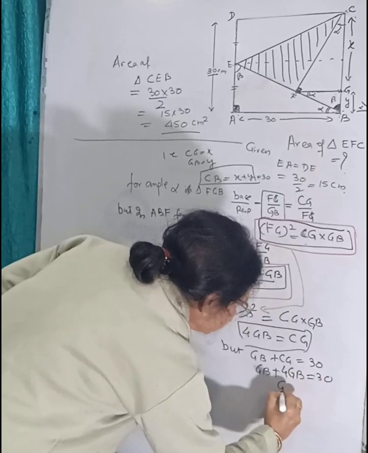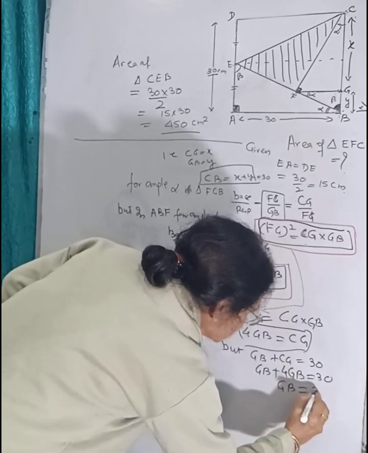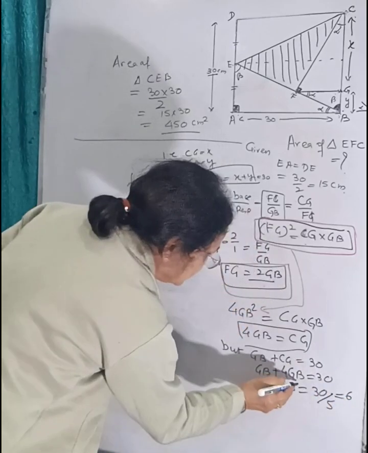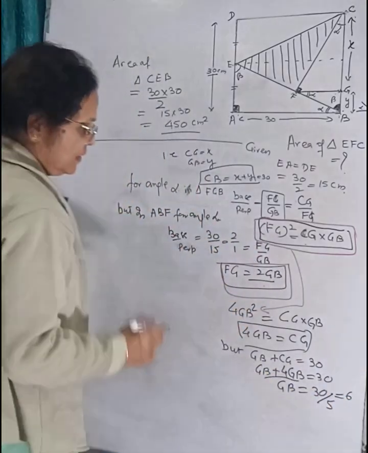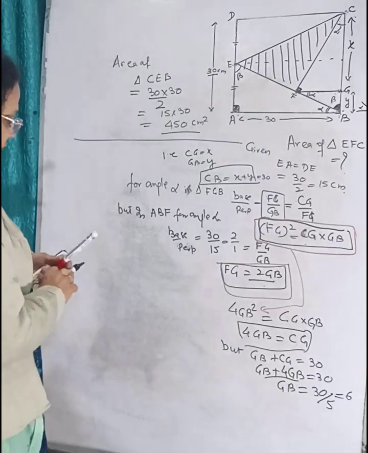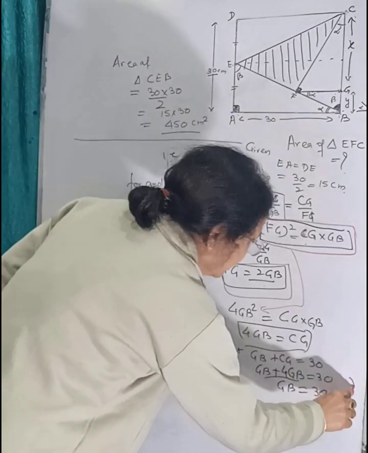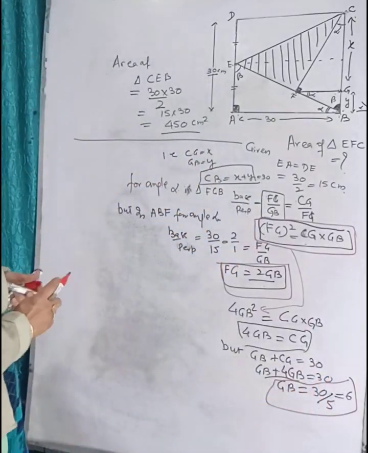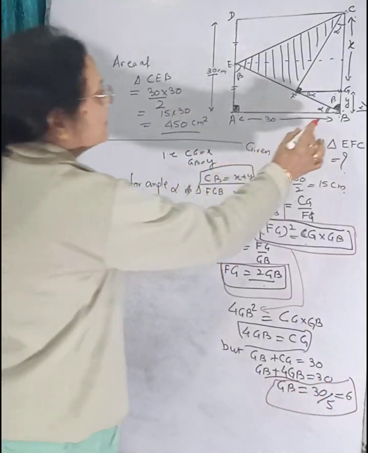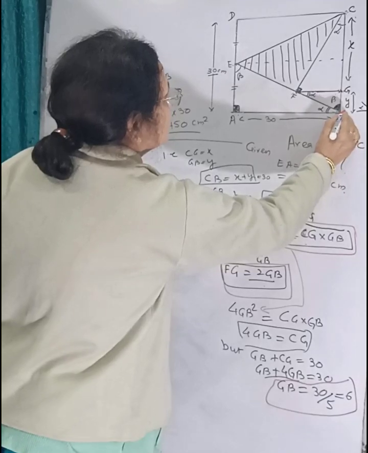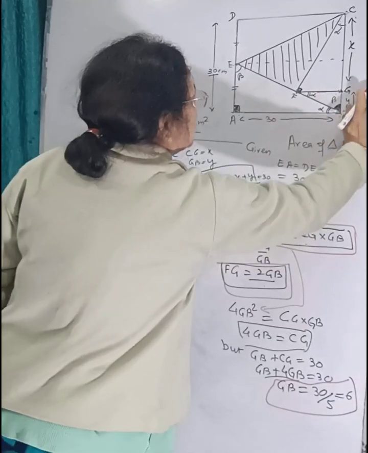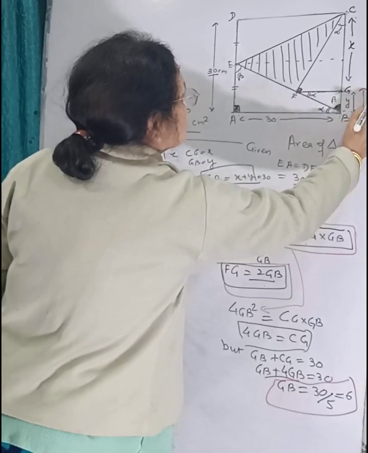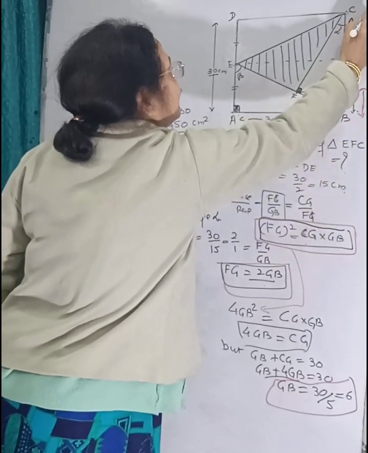It means GB is equal to 30 upon 5, that is 6. This is another thing to be noted: we have found the value of GB as 6. This portion becomes equal to 6. It means this is equal to 24.